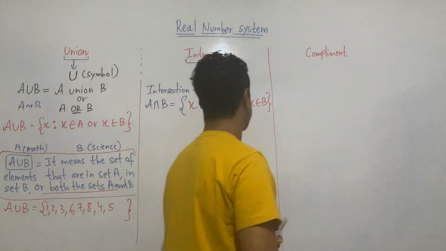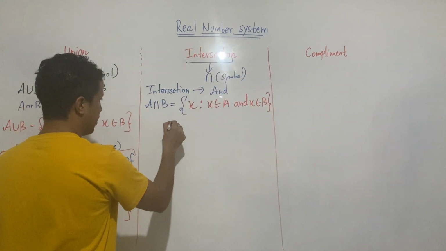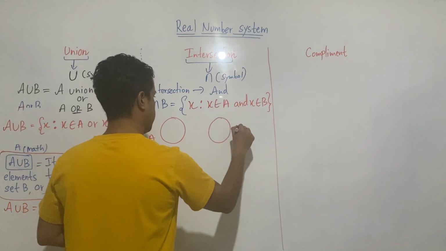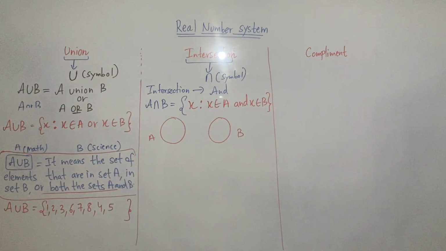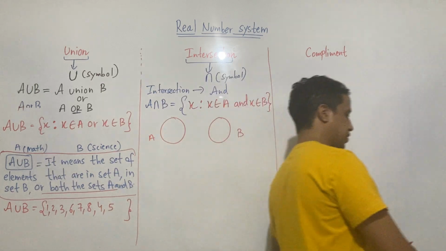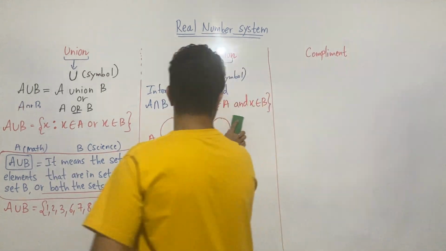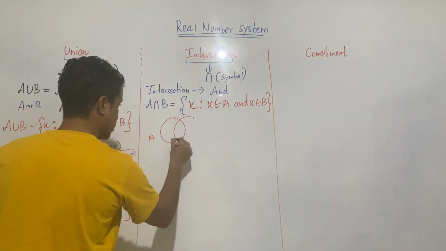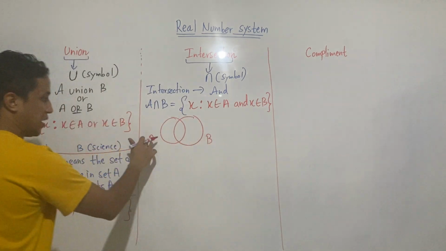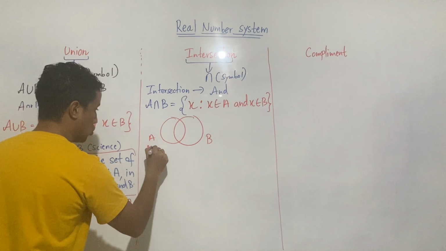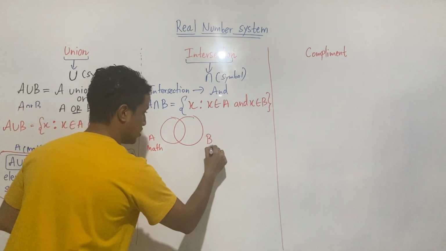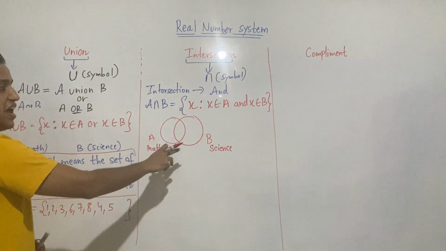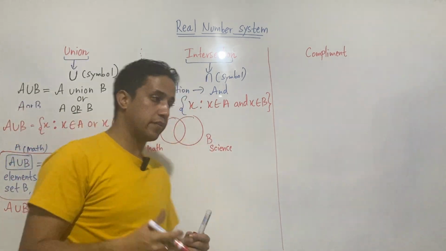See here, for example, I have two sets again, set A and set B. Sorry. So here I'm going to take two sets. This is my set A, students who like math, and set B, students who like science. Students' numbers who like math, set A, and students' numbers who like science, set B.